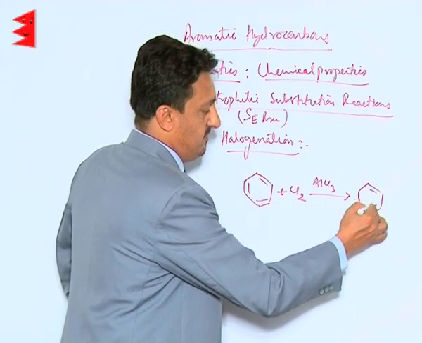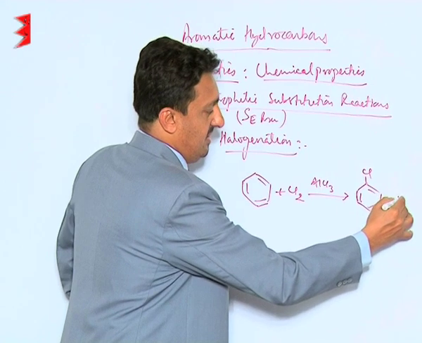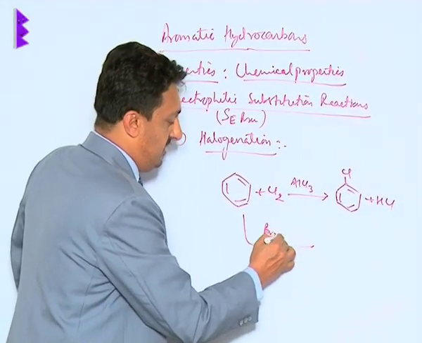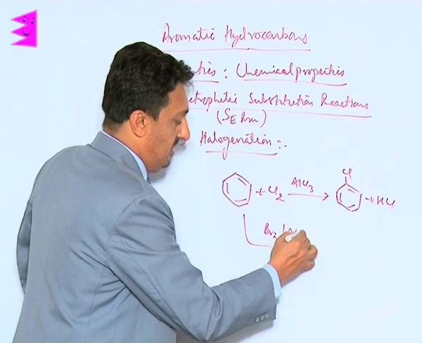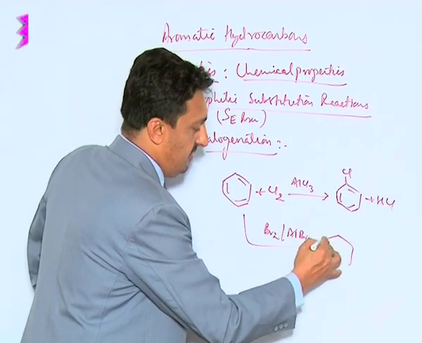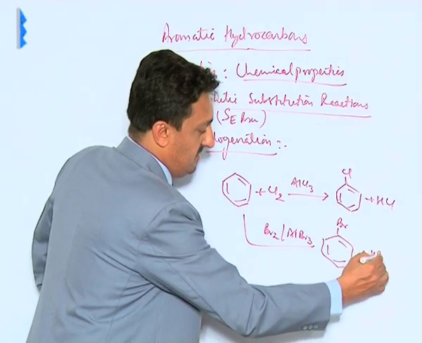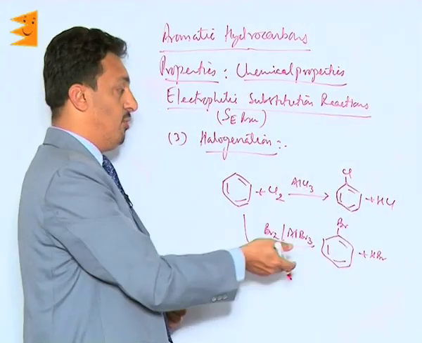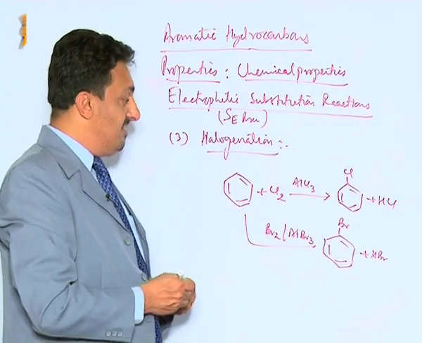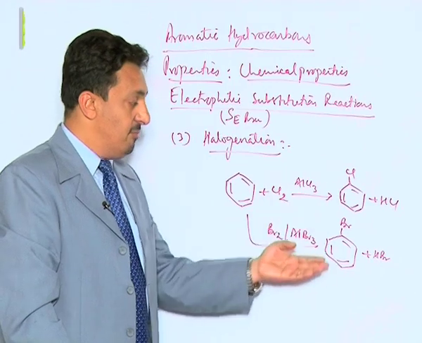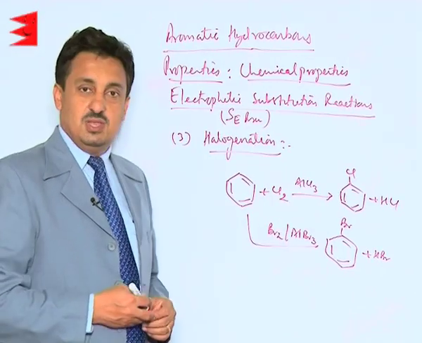This gives us chlorobenzene and HCl. In a very similar way, if we react this with bromine in presence of AlBr3, we will get bromobenzene and HBr. So the introduction of chlorine or bromine or a halogen on the benzene ring through an electrophile like the chloronium ion or bromonium ion is called halogenation.